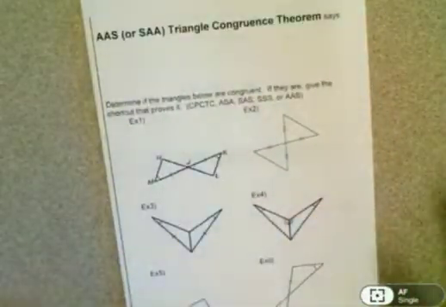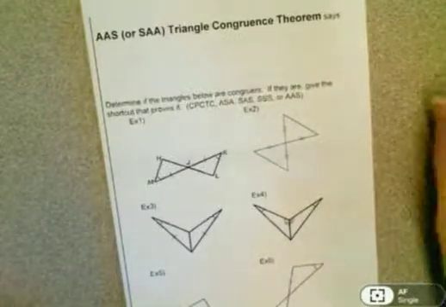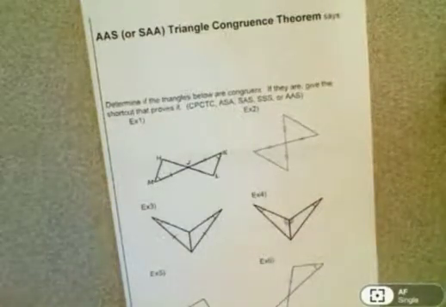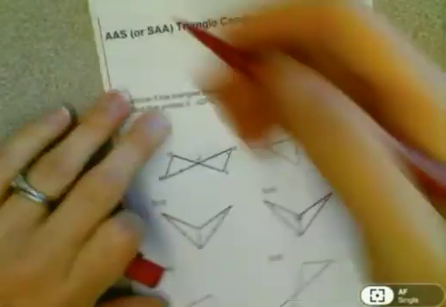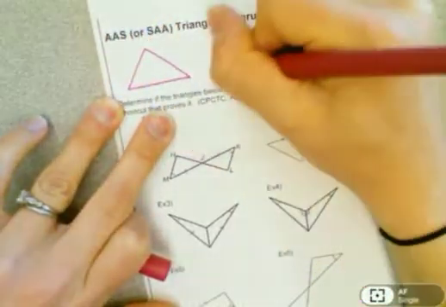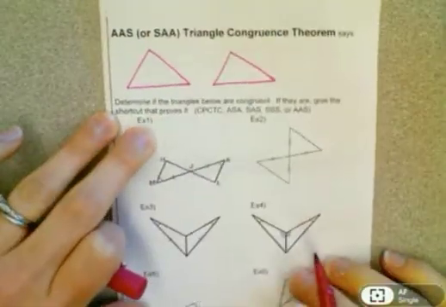So today we're learning about our last triangle congruence shortcut, which is AAS, or angle, angle, side. Let's sketch two really quick triangles here. Okay, two triangles.